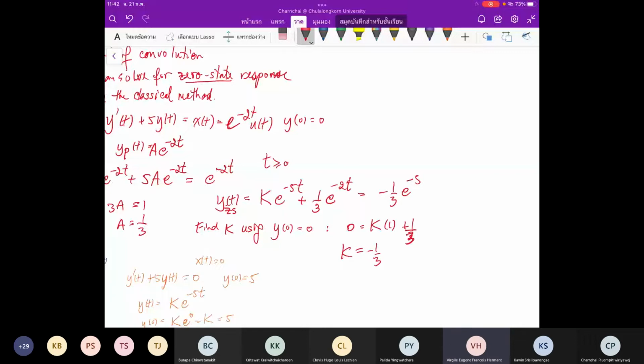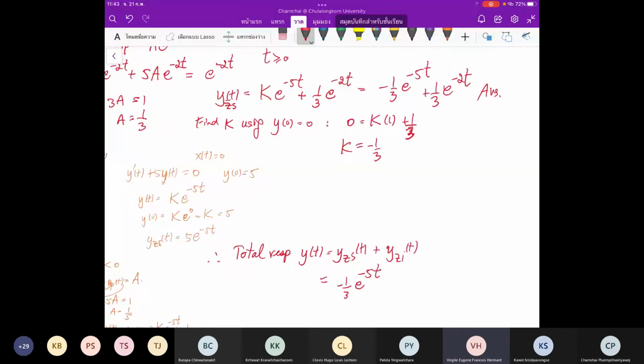And the complete total response is the zero state response plus the zero input response. The zero state response is negative 1/3 e to the negative 5t plus 1/3 e to the negative 2t, plus the zero input response, which is 5 e to the negative 5t.